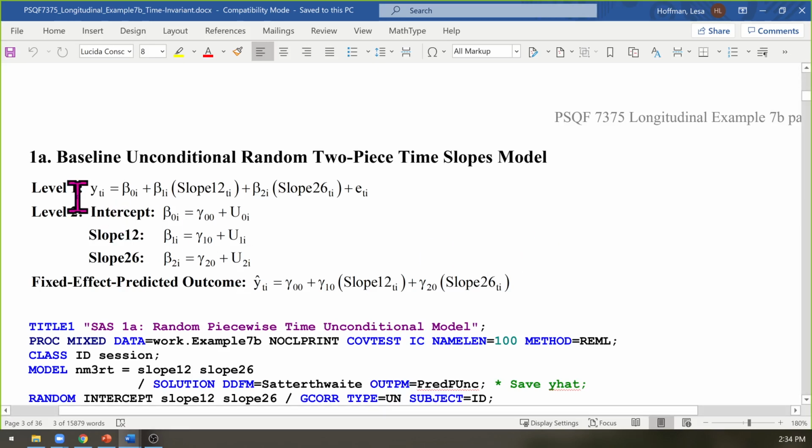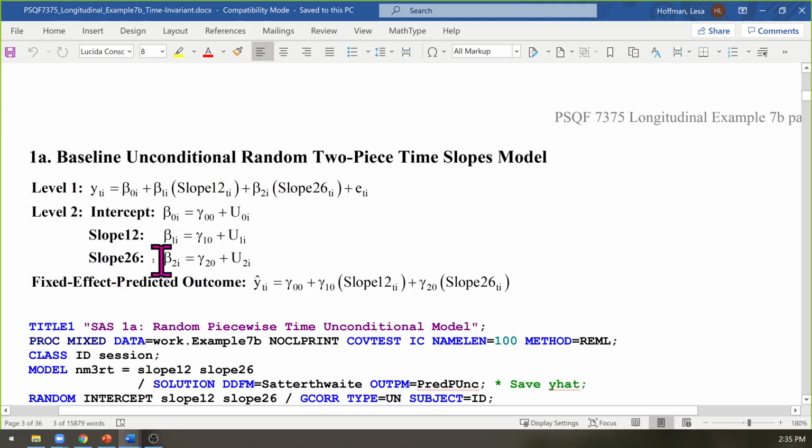So I have in here the level 1 and level 2 equations. Beta 1 is going to hold how each person gets their own slope 1, 2. Beta 2 is going to hold how each person gets their own slope 2, 6. Beta 0 is the intercept as usual. And in my level 2 model, I have added labels as to what each of these equations is predicting, trying to make the equation slightly more transparent. So beta 0 is predicting the intercept.